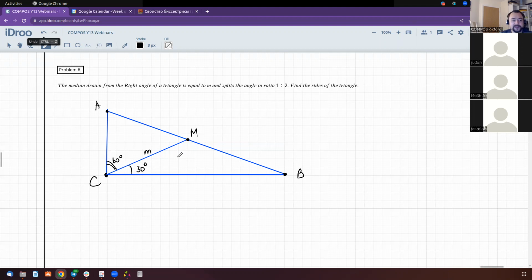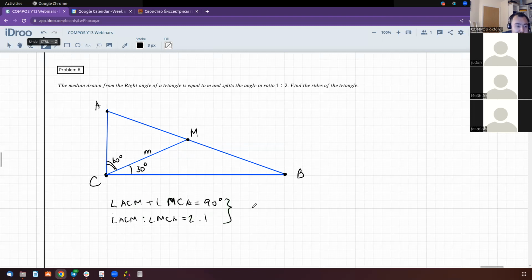Okay, now we need to use a circle theorem. So let's write it down first. How I would write it down if I was proving it, I would say angle ACM plus angle MCA is equal to 90 degrees, and angle ACM to angle MCA is equal to 2 to 1.